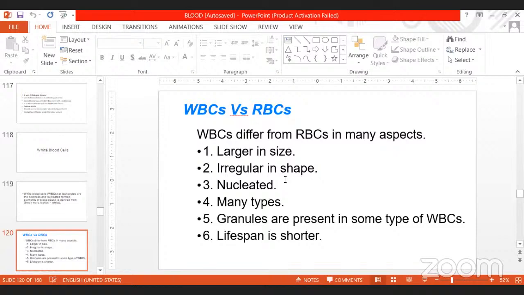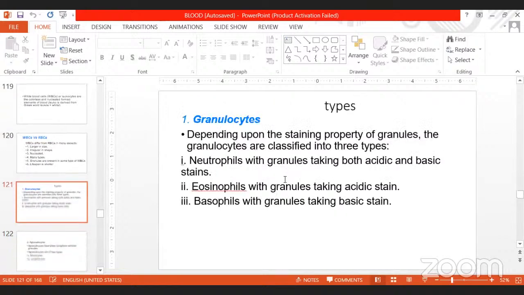There are granules present in the cytoplasm of some of the WBCs, and their lifespan is very short compared to RBCs. Some WBCs may live longer, but on average, compared to RBCs, the lifespan is shorter.